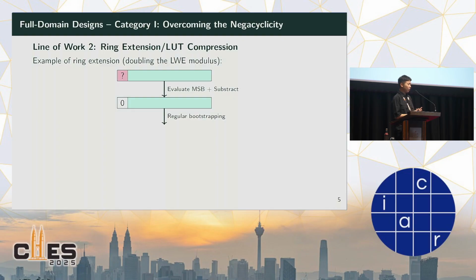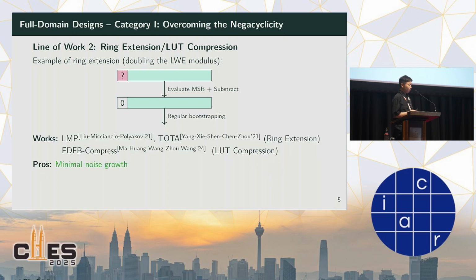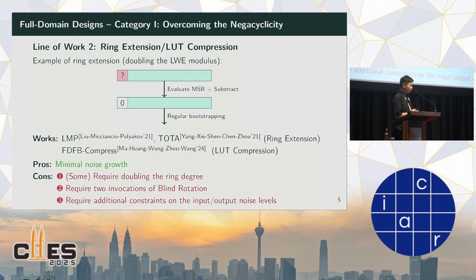It reduces the problem to the half-domain case, so we can use the regular bootstrapping to do the rest. Because the final output comes directly from the regular bootstrapping, it has minimal noise growth. But on the other hand, some schemes require doubling the ring degree, and all of them require two invocations of blind rotation, and they all require additional constraints on the input or output noise levels because of the homomorphic subtraction.